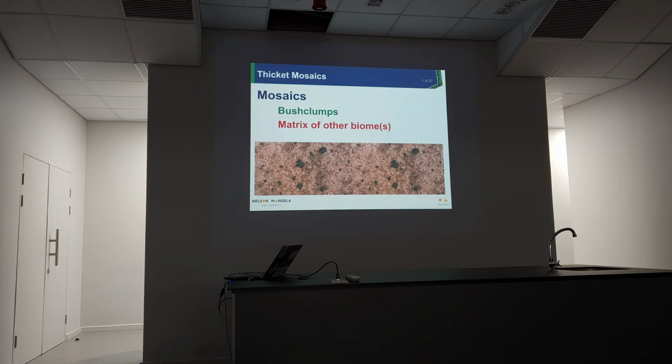And the assumption in all of our minds, and to a large extent Betsy supported that, is that the matrix of the other biomes over the thicket domain is vastly different from one site to another, but that the bush clumps are pretty much thicket. Okay, so the bush clumps, and we know solid thicket anyway has low beta diversity, so each bush clump should have all the elements as expected of thicket.